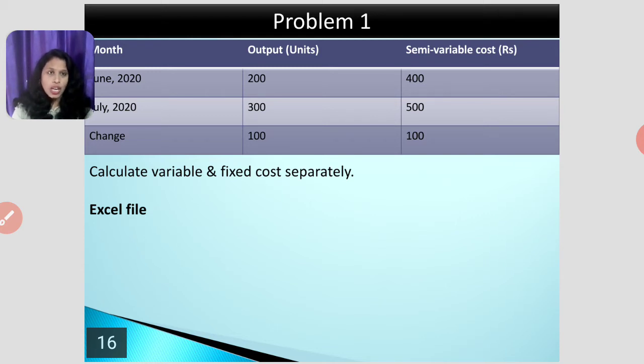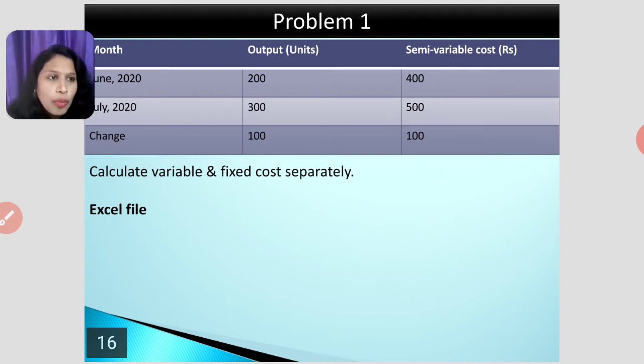It means the change in semi-variable cost is 100 rupees. So we have to calculate variable and fixed cost separately. We are studying here separating the cost into fixed cost and variable cost. We have to separate these two costs.